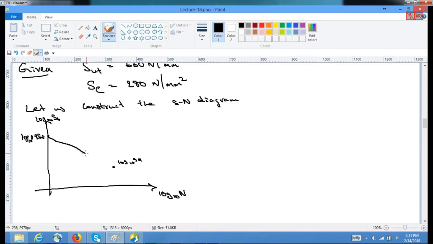We have to join this line, and we know beyond this it would be in this manner.